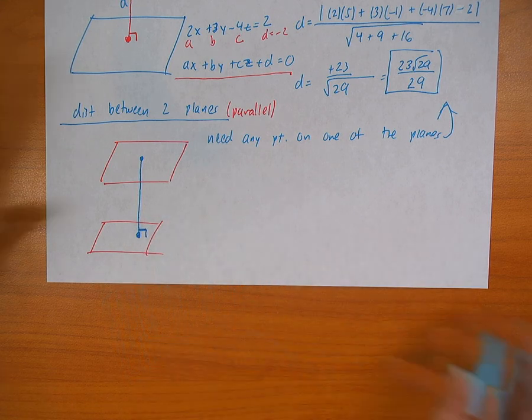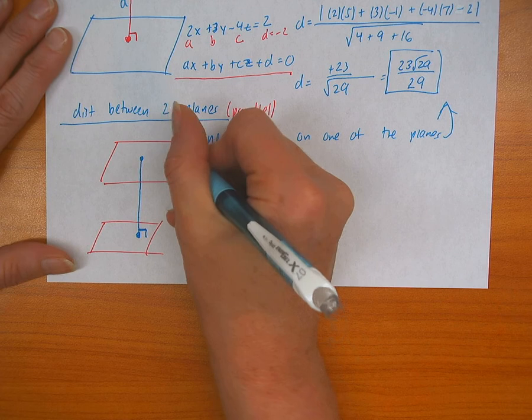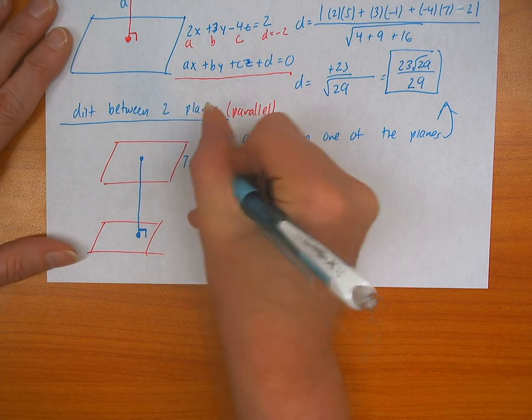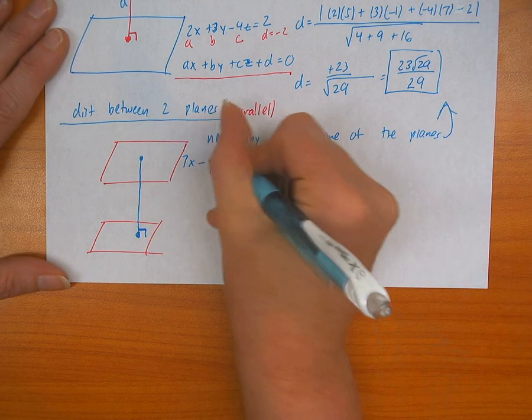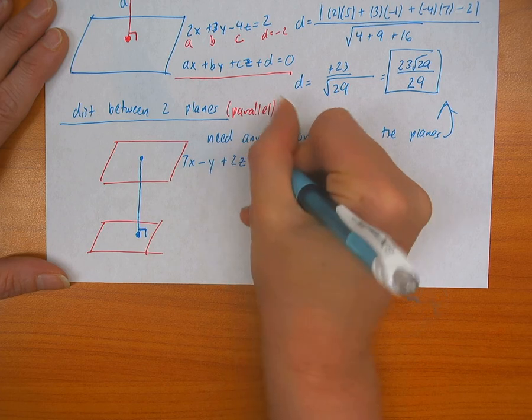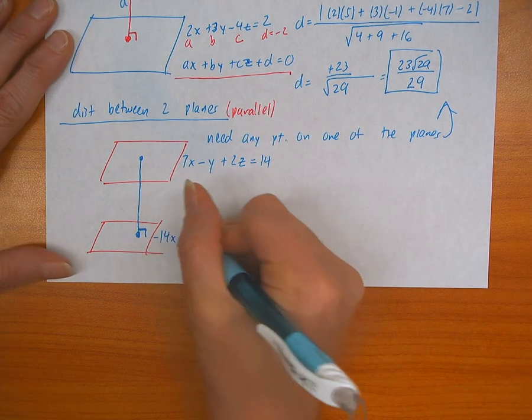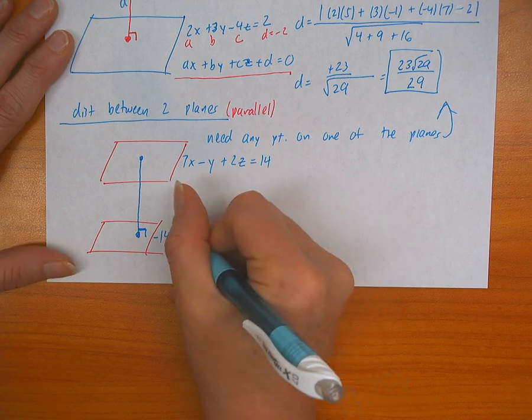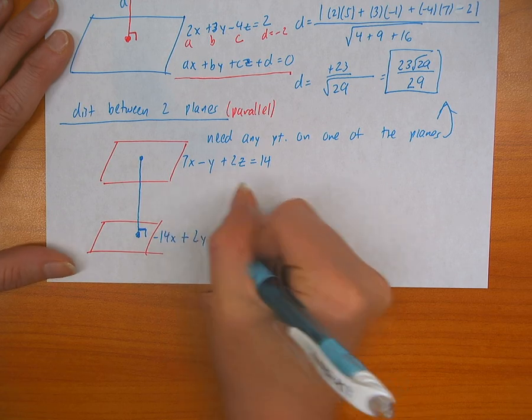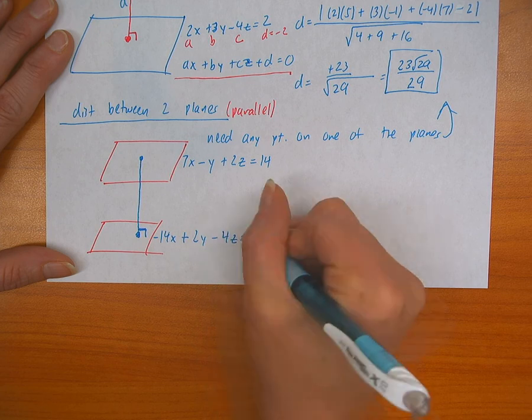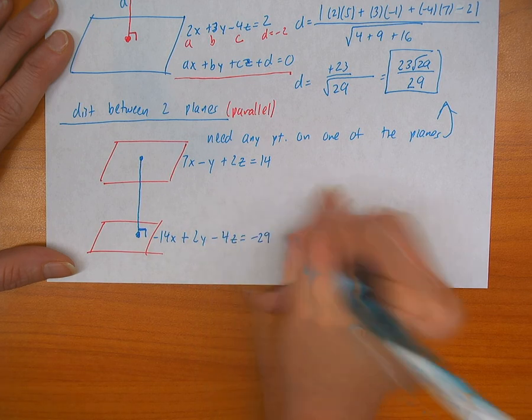So two parallel planes. Let's say this plane is 7x minus y plus 2z equals 14. And this plane is negative 14x plus 2y minus 4z equals negative 29.